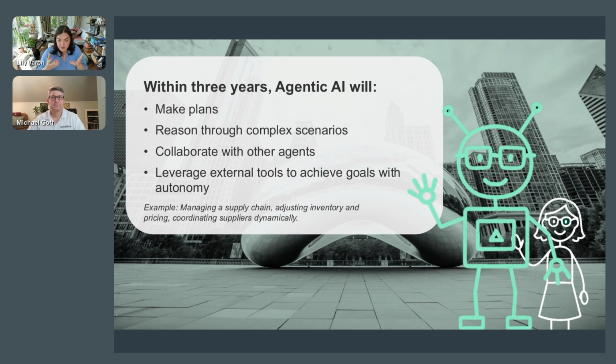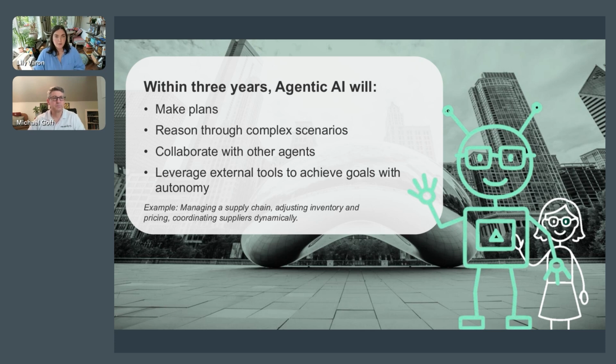So when we think about that evolution, when more action-oriented AI agents use the better experiences and all of the advancements that we see today to evolve into agentic capabilities, we're going to see tools that will make plans, will reason through complex scenarios, will collaborate with other agents on our behalf, will leverage external tools in a more open ecosystem to achieve goals and do it with remarkable autonomy.